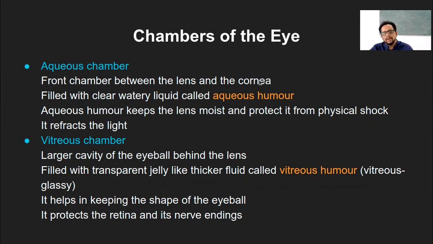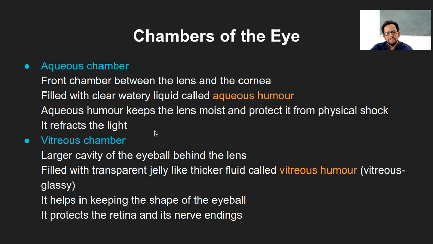That is what is present between the lens and the cornea. It is filled with a clear watery liquid called aqueous humor. And also notice the spelling of the humor. This is not your regular humor. This is something different.